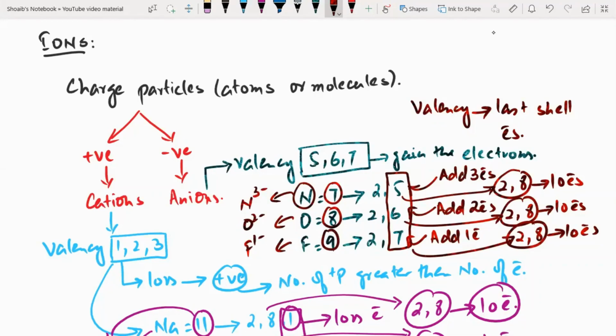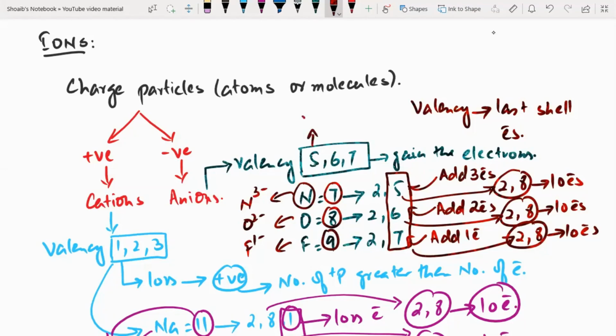There are no transition elements for the anions. Anions have their fixed oxidation state, from the O level point of view. So you have to study this. One more thing: these 5, 6, 7 valency elements.